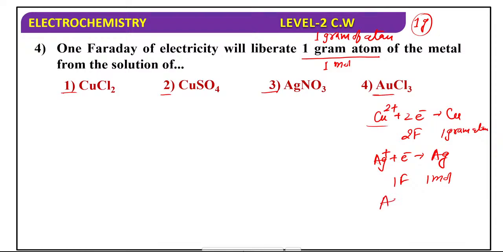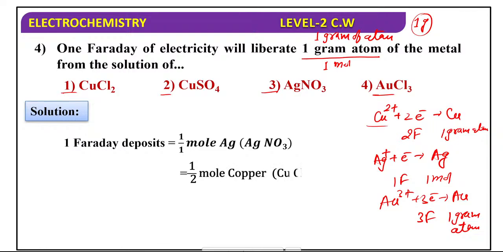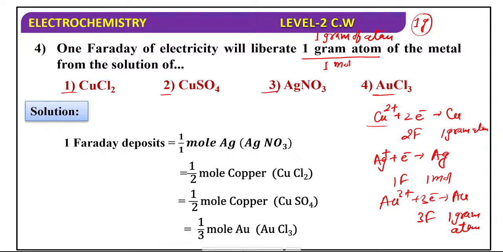In AuCl3, Au3 plus, so 3 Faraday will deposit 1 gram atom. So that means which option is true? That is third. So see, 1 Faraday deposits 1 mole of silver, half mole of copper from copper sulfate, 1/3 mole of gold from AuCl3.